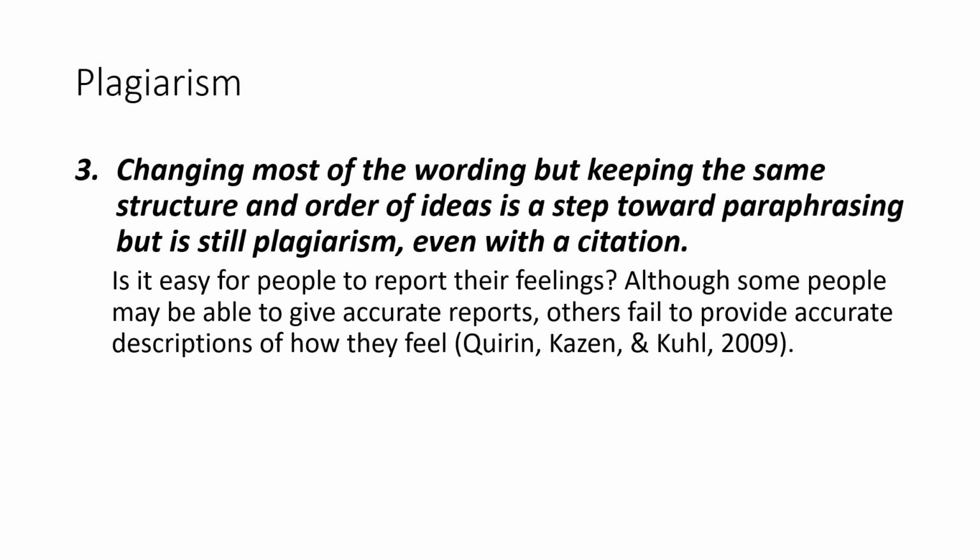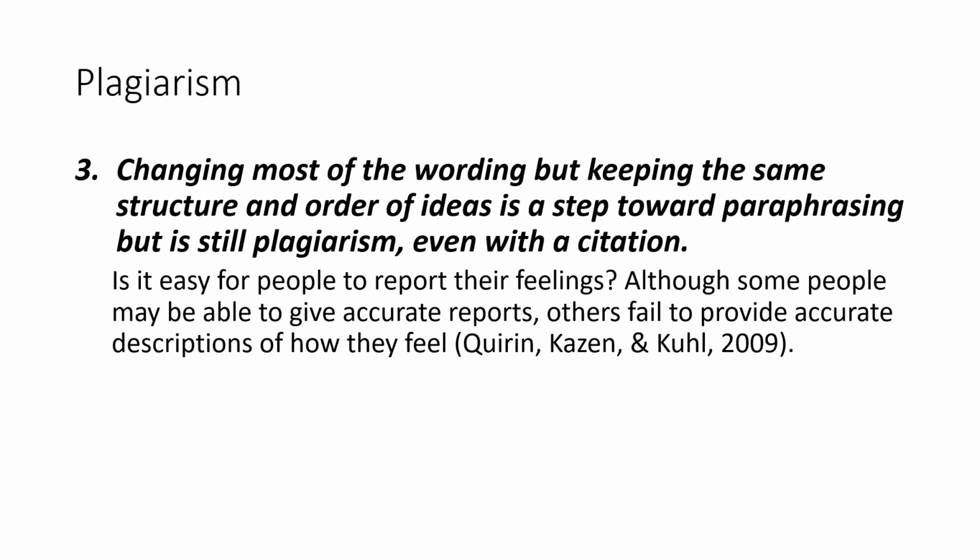Changing most of the wording but keeping the same structure and ideas is a step towards paraphrasing, but is still plagiarism. So you change most of the words, but you keep the exact same structure. It's basically the same thing as what you read before. Is it easy for people to report their feelings? Whereas before it said, are affective experiences like happiness, sadness, or helplessness always amenable to self-report?